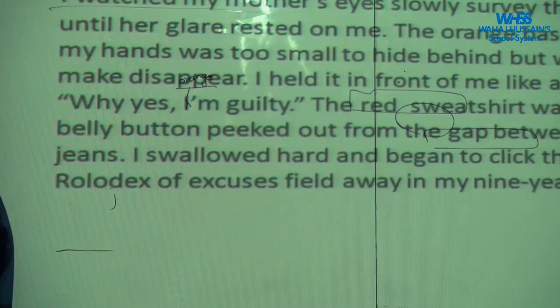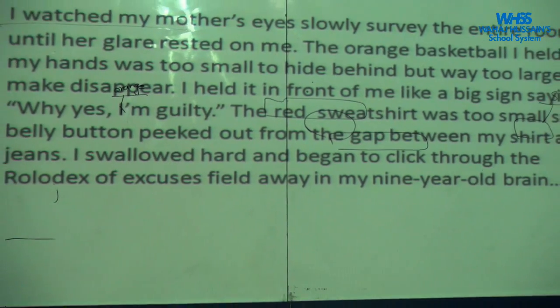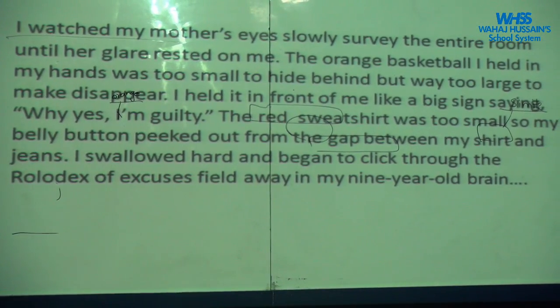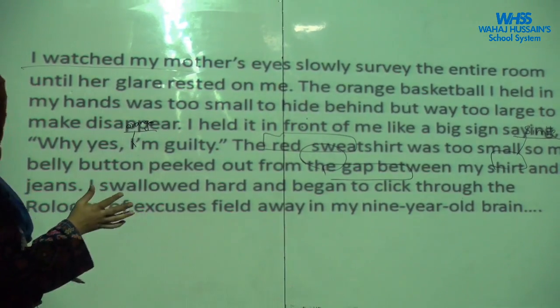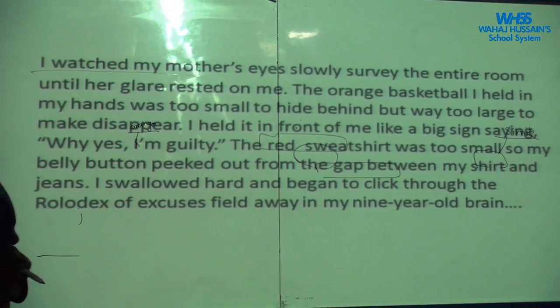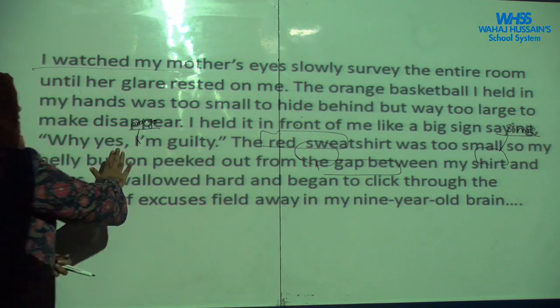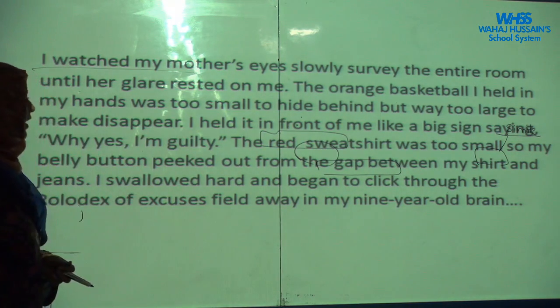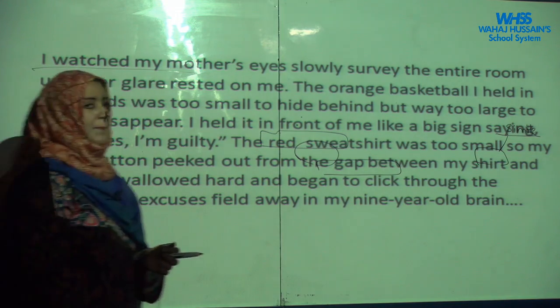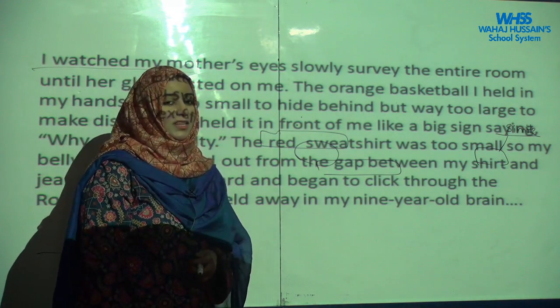So the continuation of it is, I watched my mother's eyes slowly survey the entire room until her glare rested on me. The orange basketball I held in my hands was too small to hide behind, but way too large to make it disappear. I held it in front of me like a big sign saying, yes, why yes, I'm guilty.